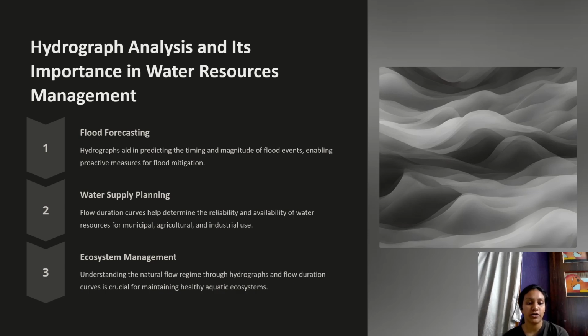Flow duration curves help determine the reliability and availability of water resources for municipal, agricultural, and industrial use. Ecosystem management, understanding the natural flow regime through hydrographs and the flow duration curve is crucial for maintaining healthy aquatic ecosystems.